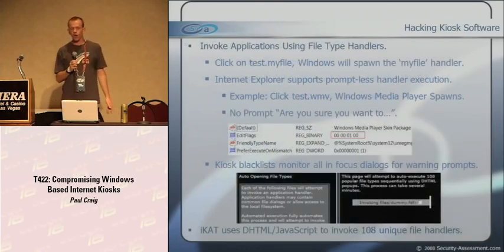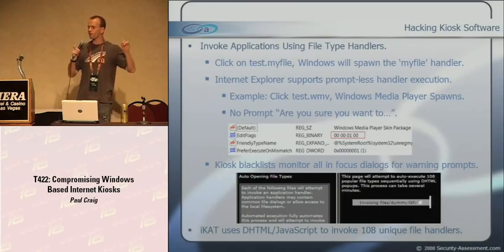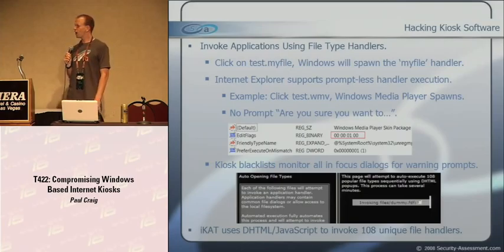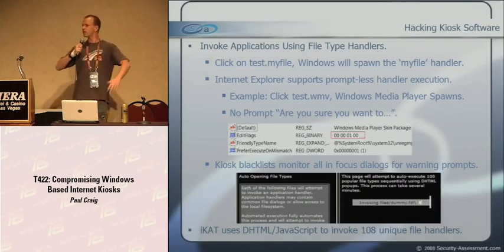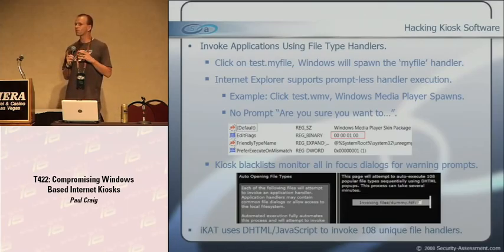Okay, so we can also invoke applications using file type handlers. If you click on a file, such as test.myfile, Windows will spawn the myfile file handler. Now, Internet Explorer actually supports promptless handler execution. An example of this is Windows Media Player. I think for seamless integration with the browser, if you click test.wmv, Windows Media Player will just pop up.